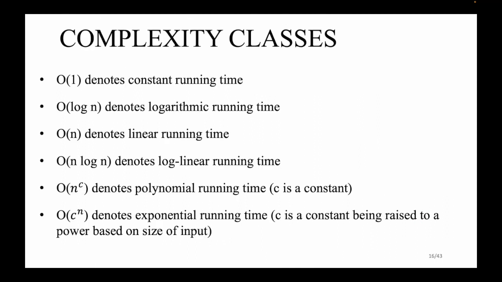So we have some kind of nested class. First one is constant, O(1). It doesn't mean you need one operation to run your program. O(1) means the time you need to run your program is constant. For example, you need 1,000 operations to run your program when the number of elements is 2.